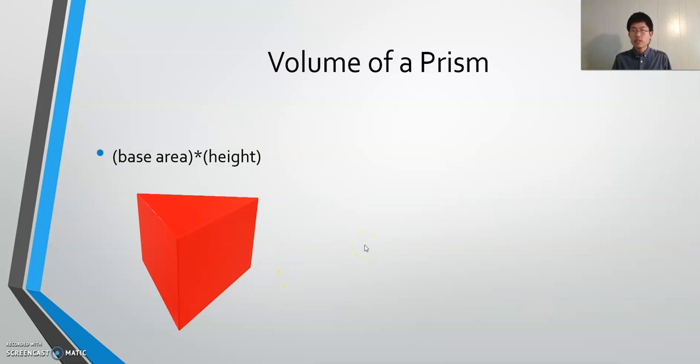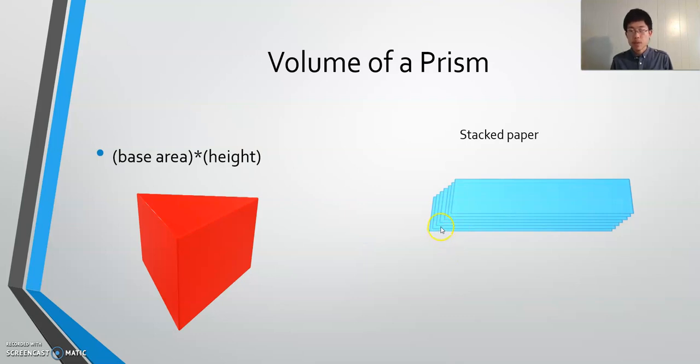If it was a rectangular prism, think of it like I said earlier, stacked paper. Those plain sheets of paper stacked up, and you make a big pile of paper. The paper itself has length and width, and by stacking up you create a height.